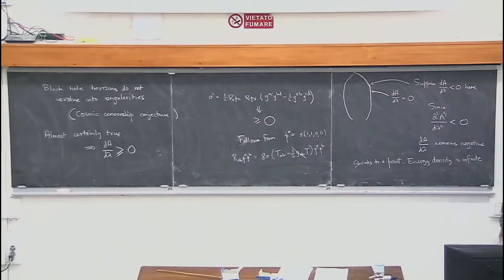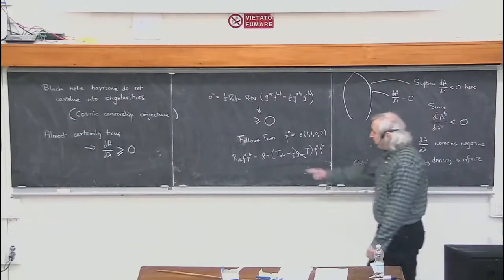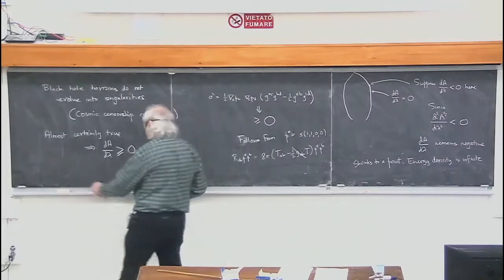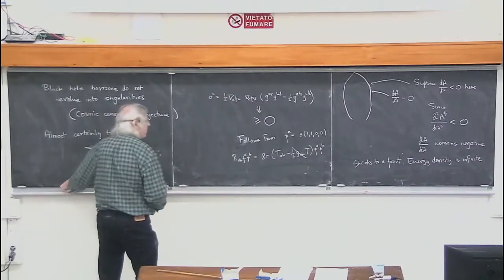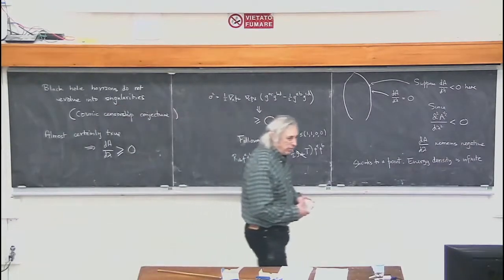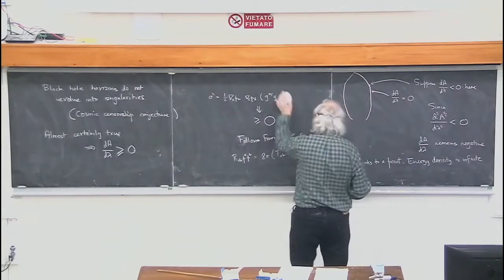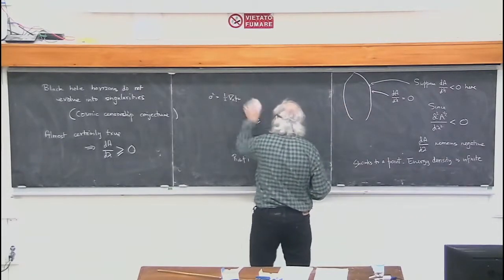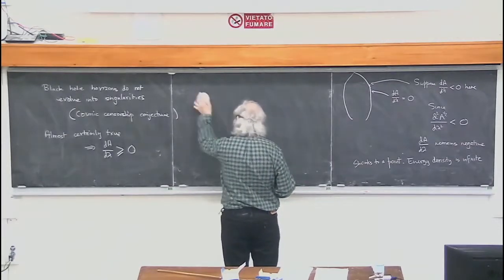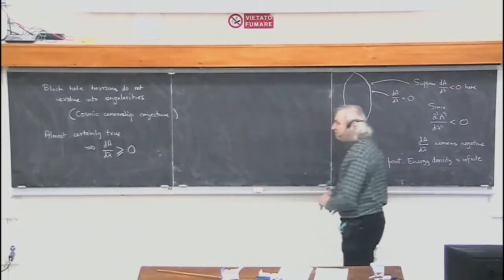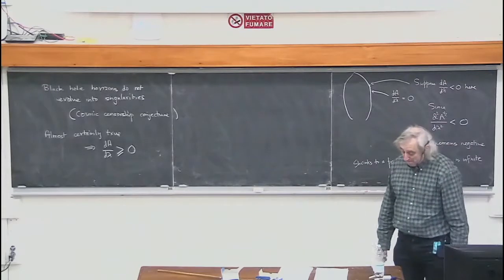If that's supposed not to happen, dA d lambda is positive. So I'm afraid that is a rather complicated proof, but it's just the way it is. The original Hawking argument for this was even more complicated, which is why we didn't do it that way.